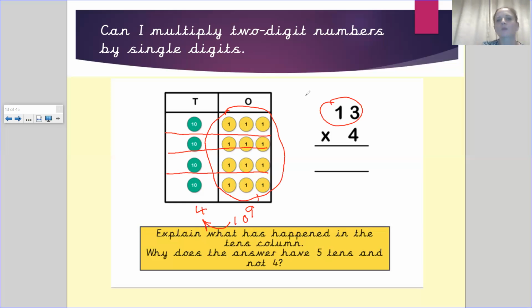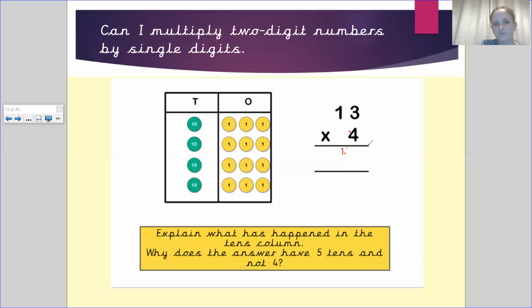So when we're working this out, we are going to start with our ones first. So we're going to have 4 times by 3, which gives me 12. Okay, and I can already see that that's going to be too many for my ones column because it has a 10 in it. And if I go 4 times by 10, that's going to give me 40. That is 4 times 10.